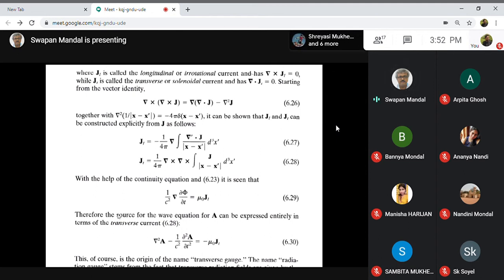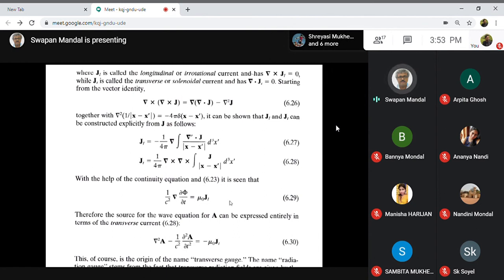What is important is that the Coulomb gauge is sometimes called the transverse gauge. Why? Because it involves the transverse component of the current density J. Only the transverse component of current density contributes to the vector potential A, and that is why it is also called the transverse gauge. So Coulomb gauge or transverse gauge, whatever you want, you can say.